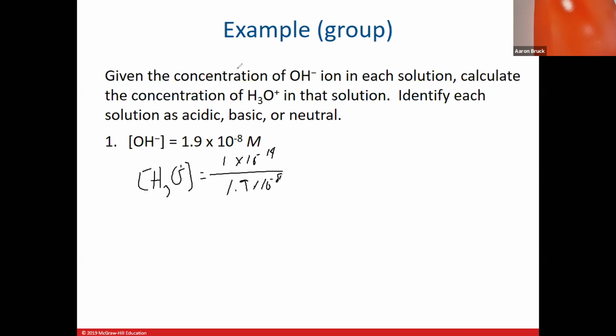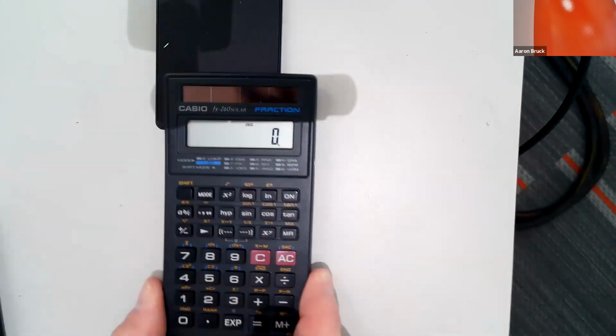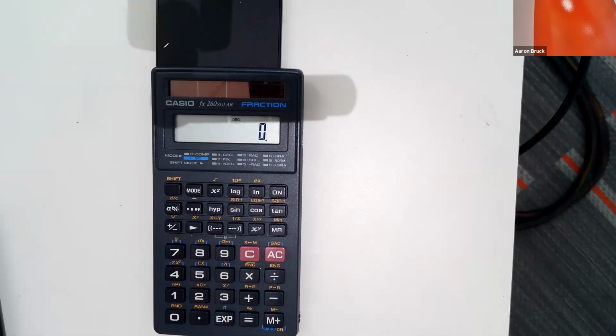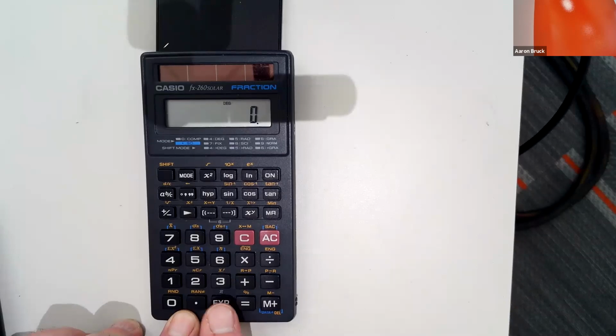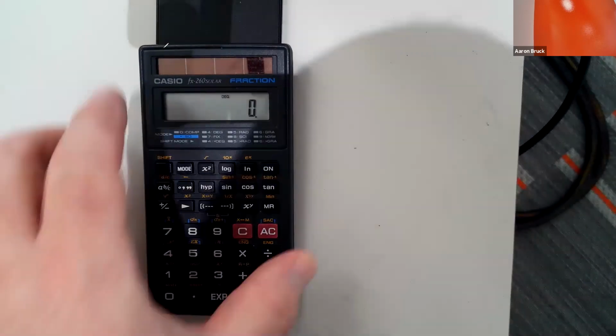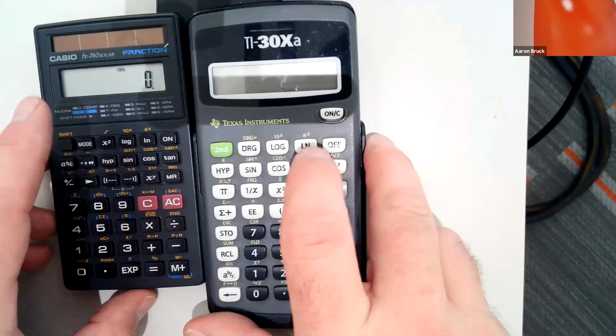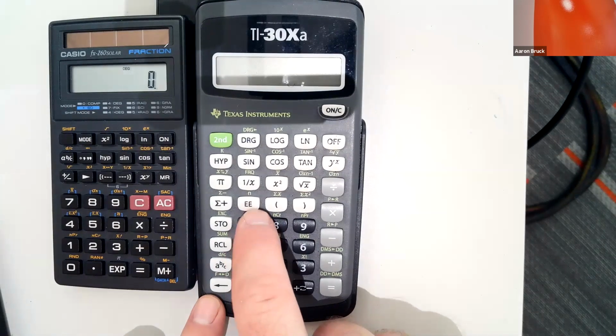Remember that on your calculator, when we're dealing with scientific notation, we need to utilize our exponent button. If you have a Casio, that exponent button looks like this. It's the EXP button. If you have a TI calculator like this one, the exponent button is going to look like this.